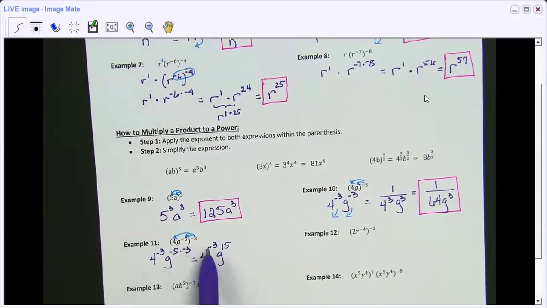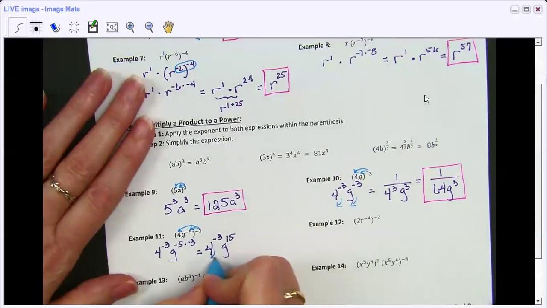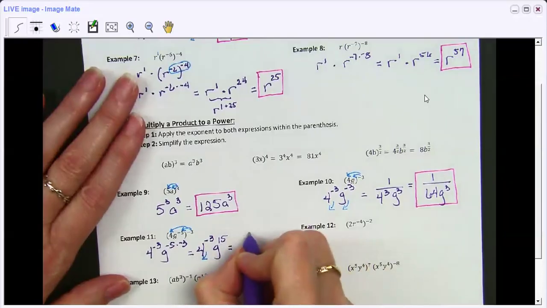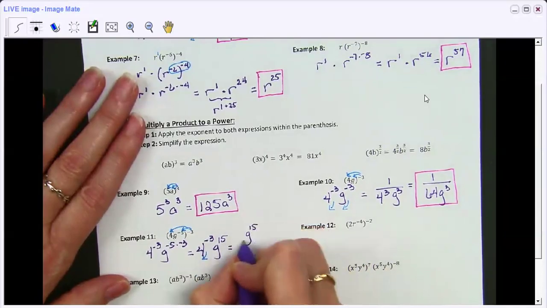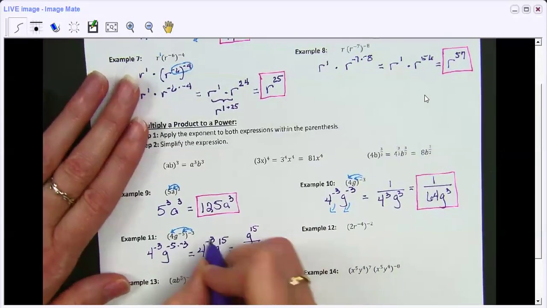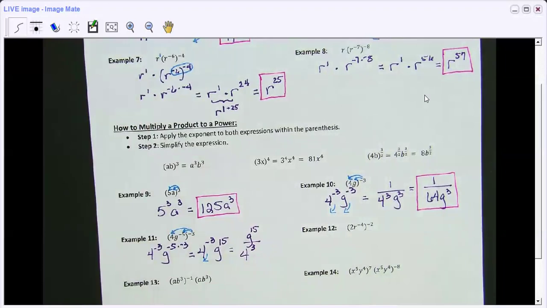But I can't have a negative exponent, so I have to move that to the bottom. So I have g to the power of 15 over 4 cubed, because when I move my negative exponent down, it gets rid of the negative exponent.